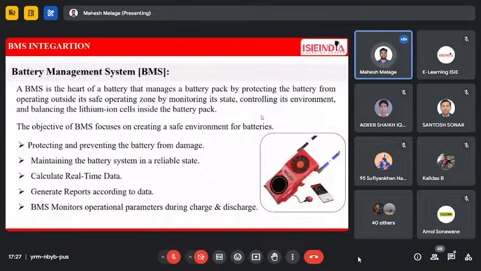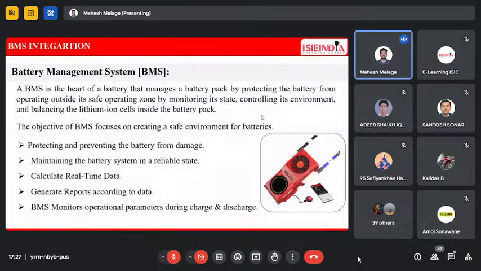To provide protection against this, we use the BMS. It maintains the reliability state of the battery, calculates real-time data, generates reports according to the data, and monitors charging and discharging.